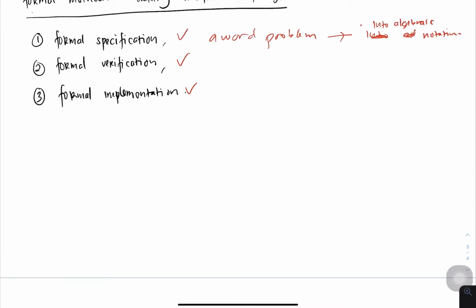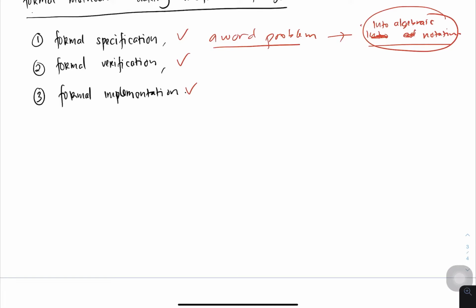The formal specification here plays a very important role, how you convert your word problem into algebraic notation, because this will be very useful in the next process.